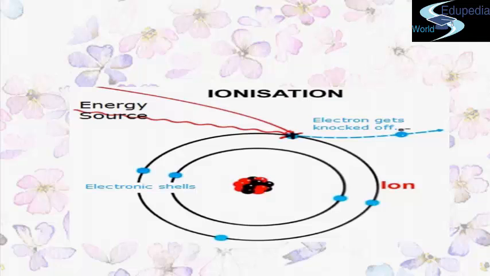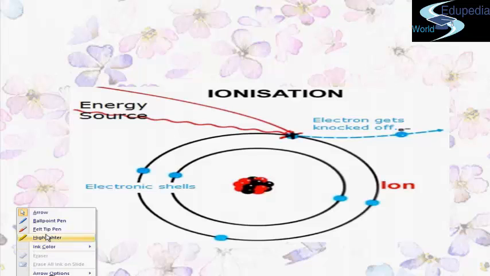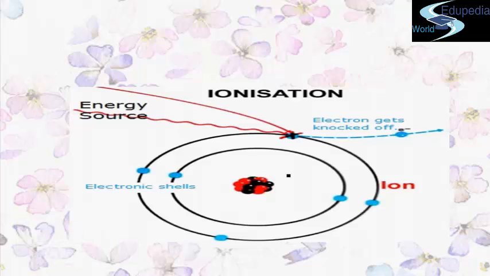We know that electrons in an atom are attracted by the positively charged nucleus. You can see here a nucleus with positively charged protons and neutrons with null charge, and there is an orbit where the electrons keep revolving around the nucleus.